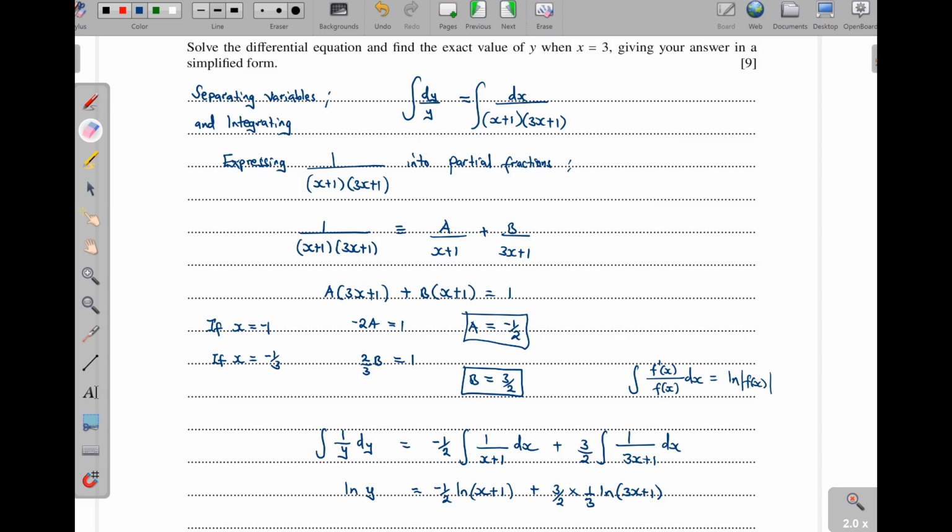Or I would have actually done this: I leave the 3 here, then here I have a half, so that when I differentiate this, we get exactly what is here. So we shall then have a half here, then the natural log of this one here. But you can still see that this one can cancel with that, and then you get a half, then natural log of this. Not so?